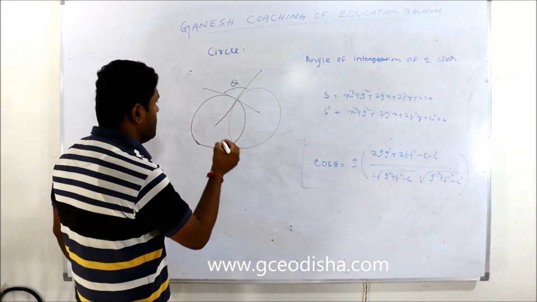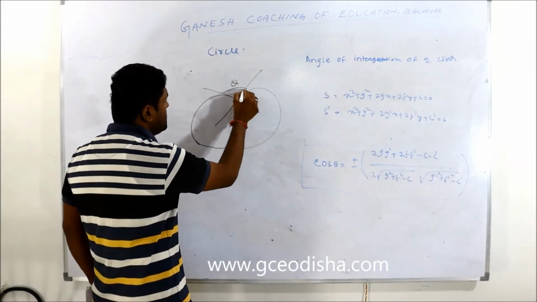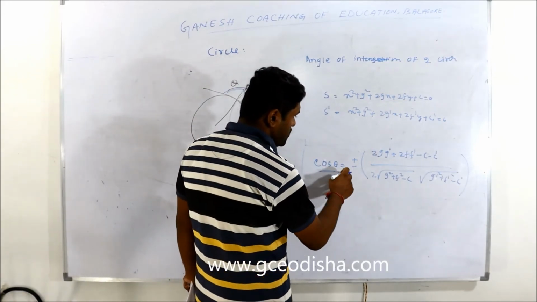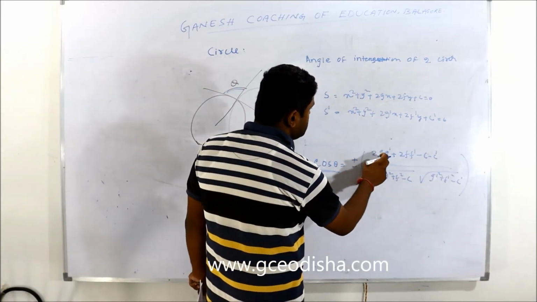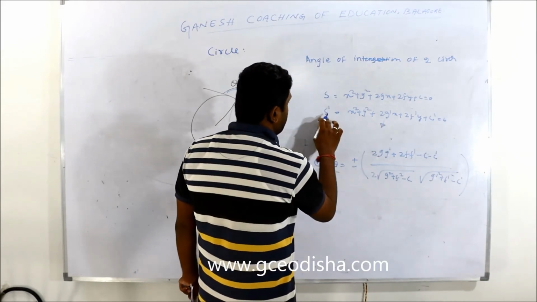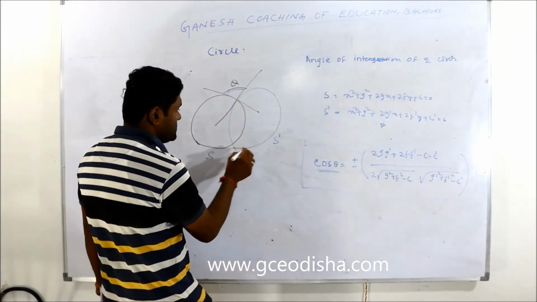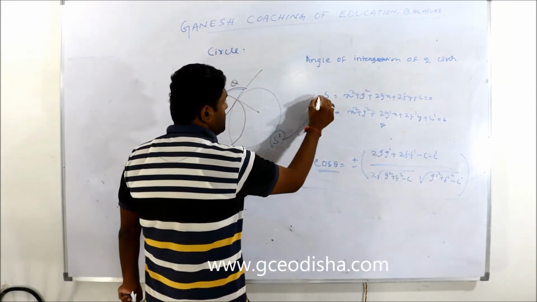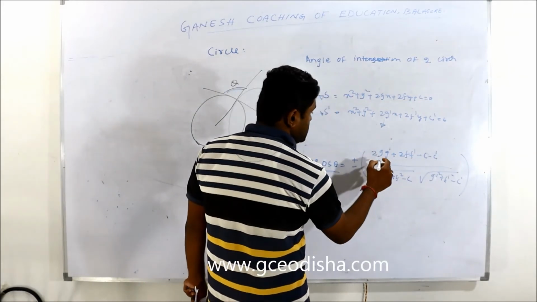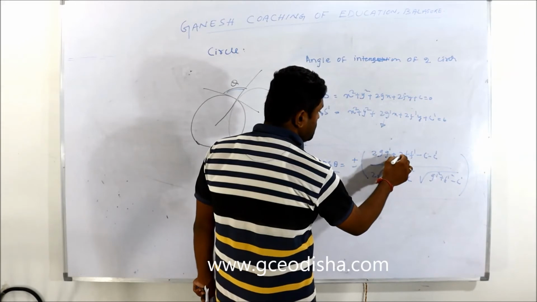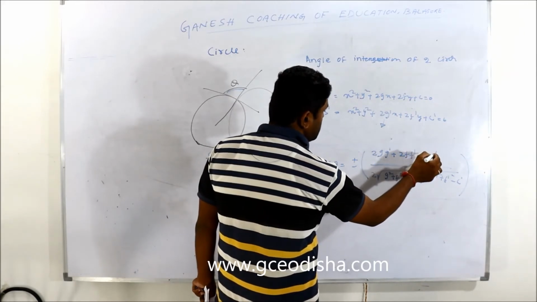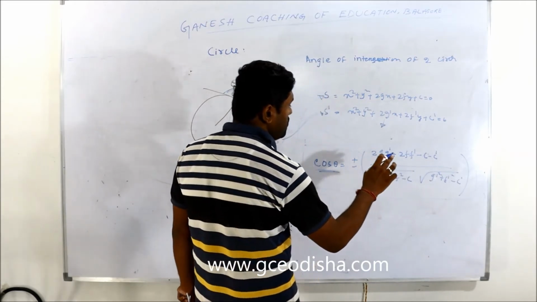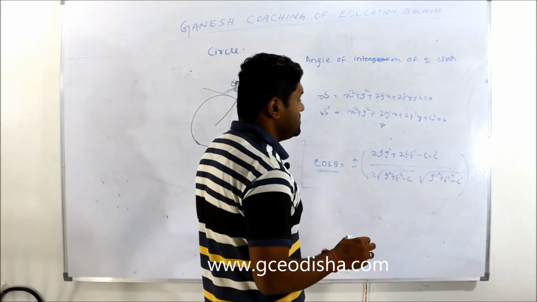Okay, when two circles interact at an angle theta, then cos theta is equal to plus minus (2gg' + 2ff' - c - c') divided by 2 root over (g² + f² - c) into root over (g'² + f'² - c'). Here one circle is S1 and the other is S, and each has its own equation.